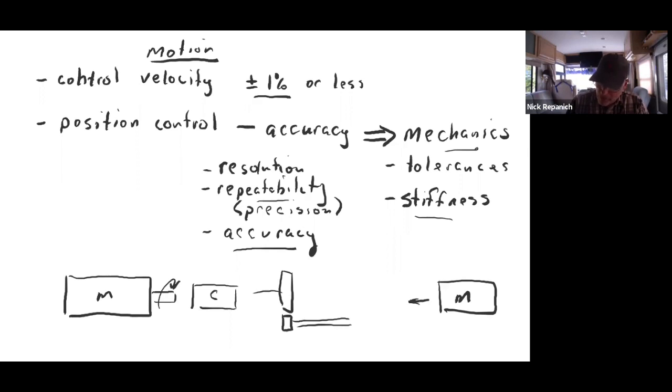Let's say it's linear, and we'll just draw a little ball screw here just for our purposes. So here we have a ball screw. This is the nut. And we've got a couple bearings holding it in place. Fixed, simple.